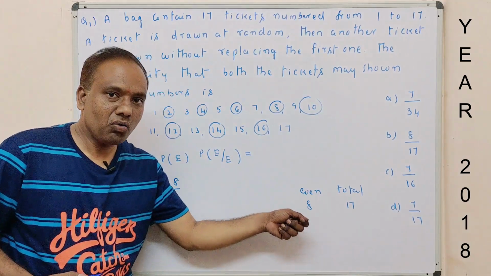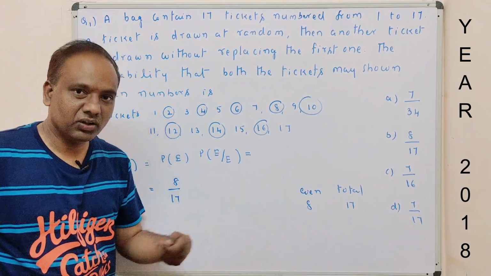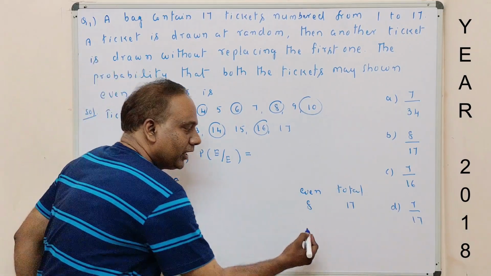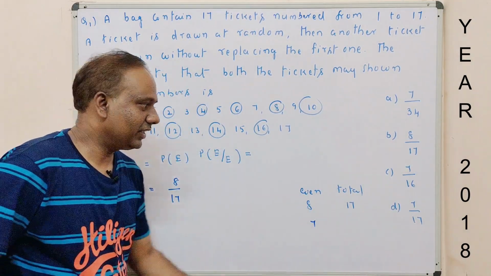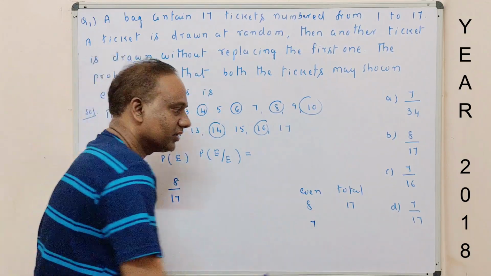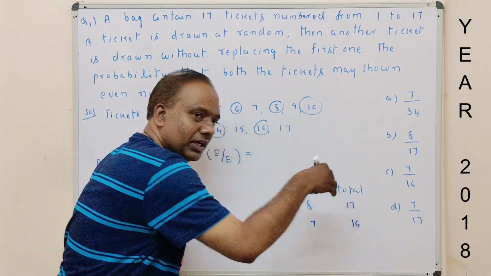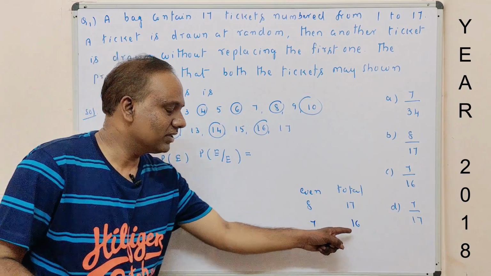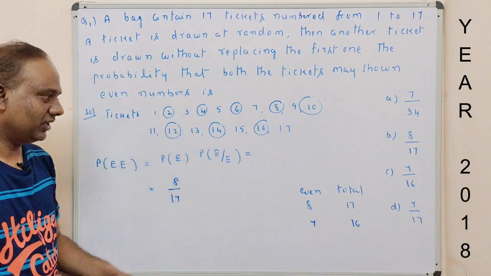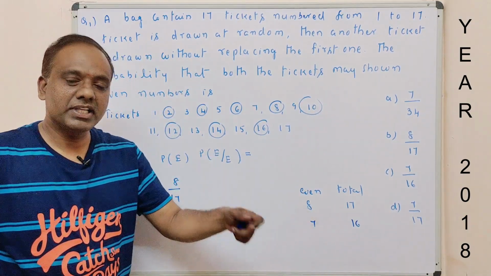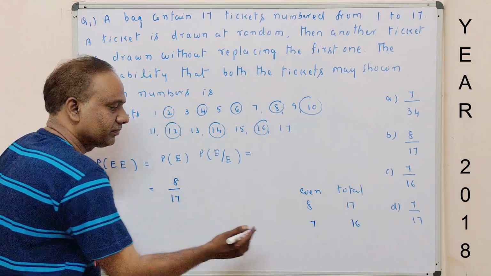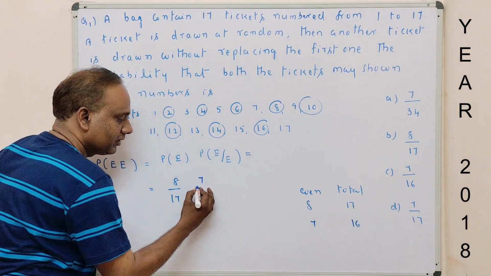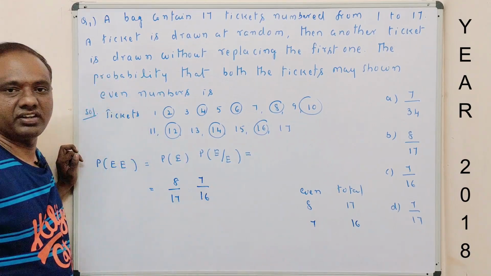Now we draw one ticket, and one ticket has already been taken. So the remaining even number tickets will be 7. One ticket we have drawn, so in the total, 1 is less, that means the remaining 16 tickets. Now the second time the probability of getting an even number ticket is 7 by 16.